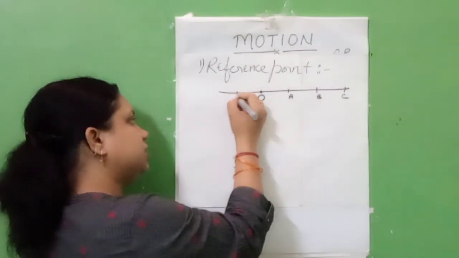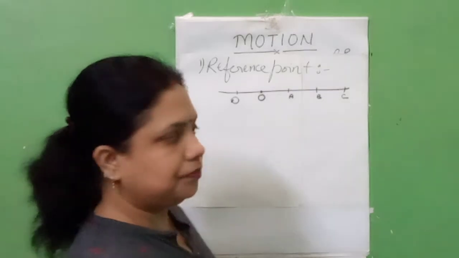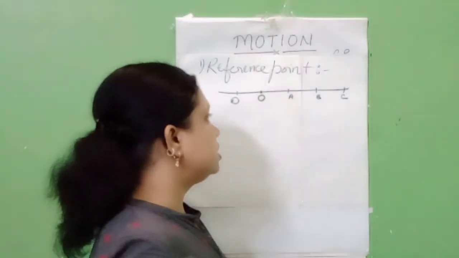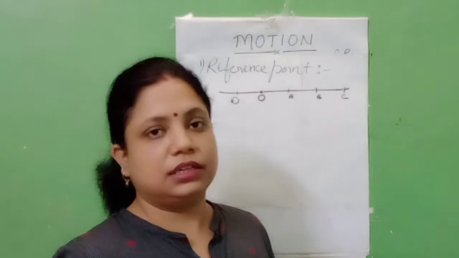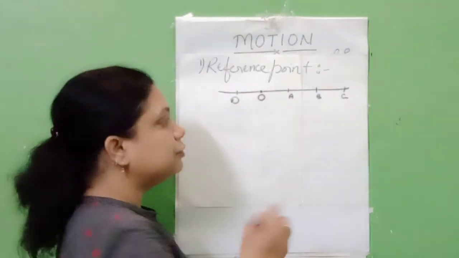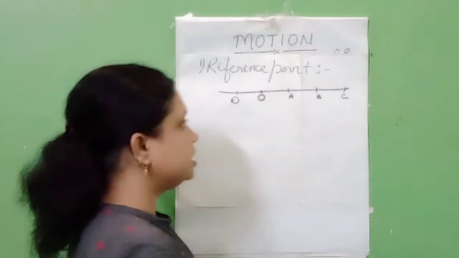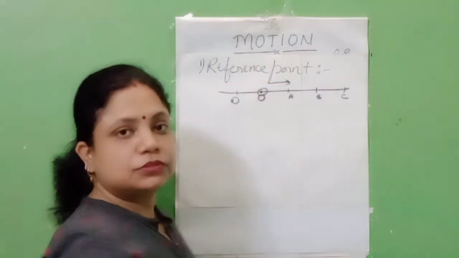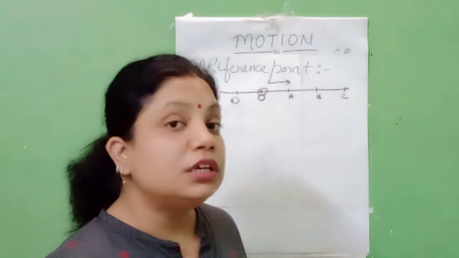Here another object is D. If I ask, students, what is the position of object A, what will you say? You will say, ma'am, the position of the object is right from the origin point O.